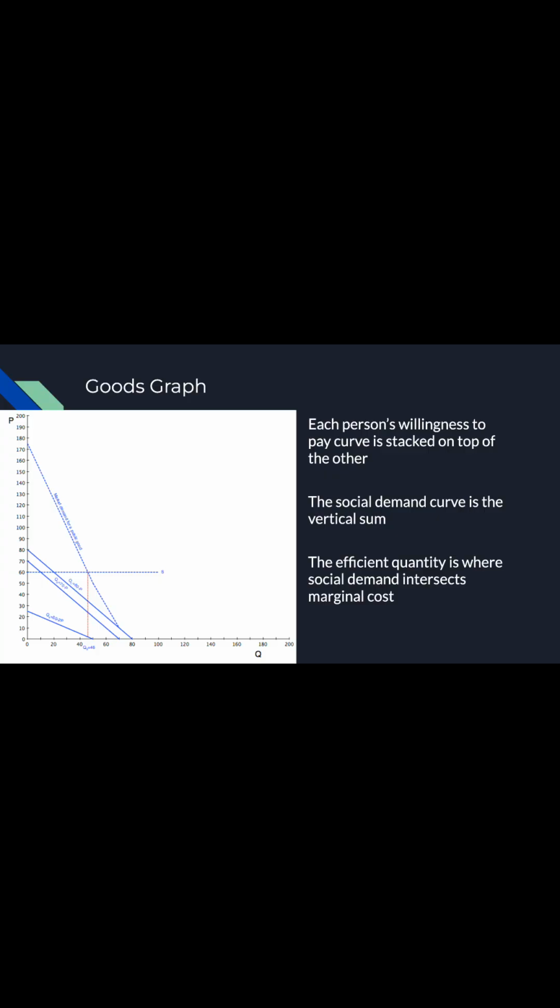And they're non-excludable, so because it's public, one person can't keep someone out of the product. On a graph, we add people's willingness to pay vertically because everyone can consume the same unit simultaneously. The efficient level is much higher than what private markets provide because no individual buyer captures the full benefit. This is why you need government provision.